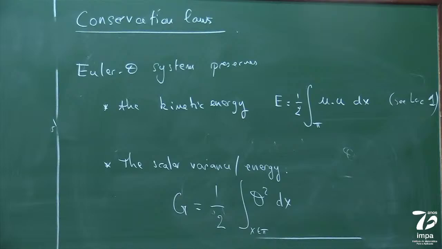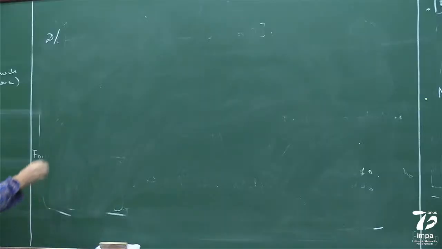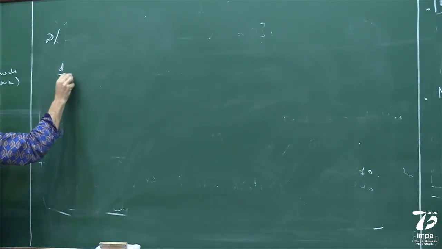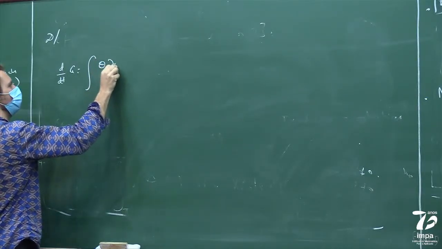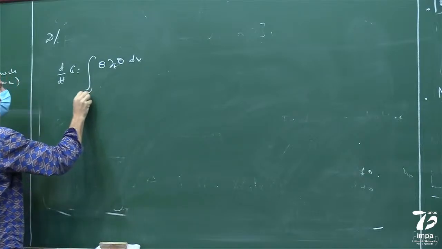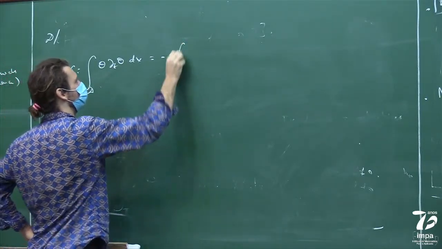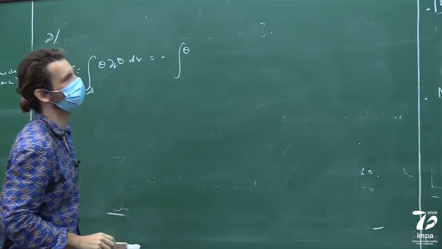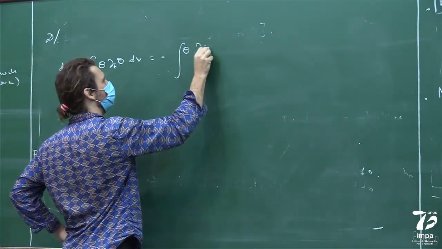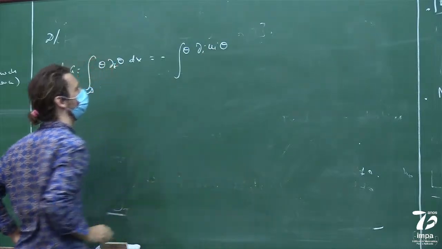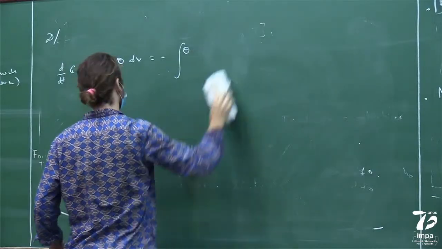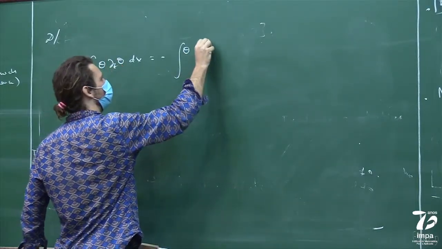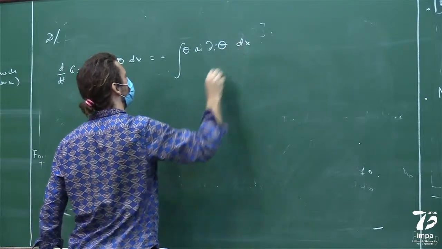It is simply to write that d/dt of G is the integral of θ ∂tθ dx, which is minus θ ui ∂i θ dx.